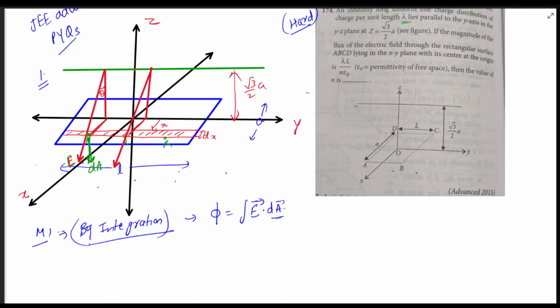Similarly, here is the electric field, and the area vector will be in the downward direction. Are you getting me? Let me delete this. So this is length L.